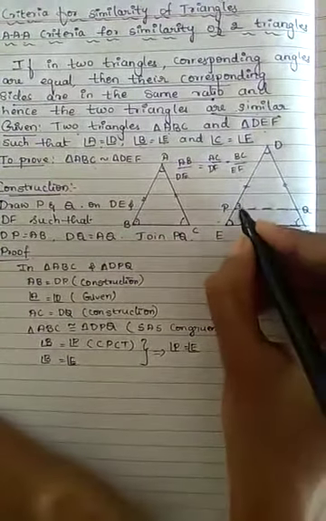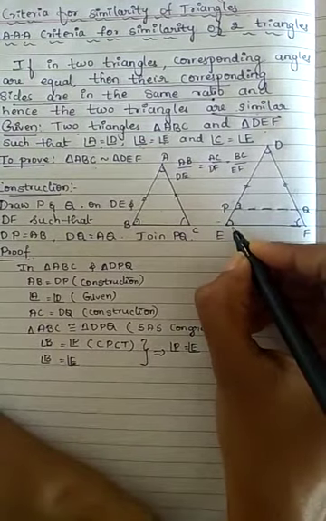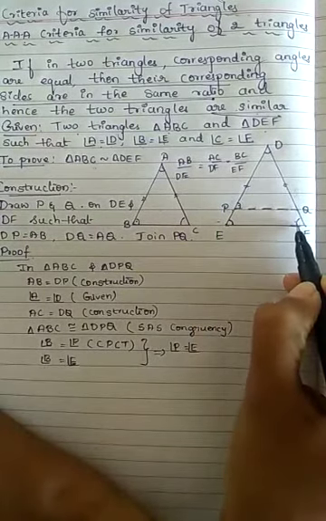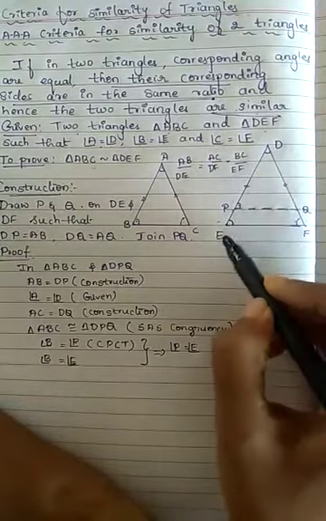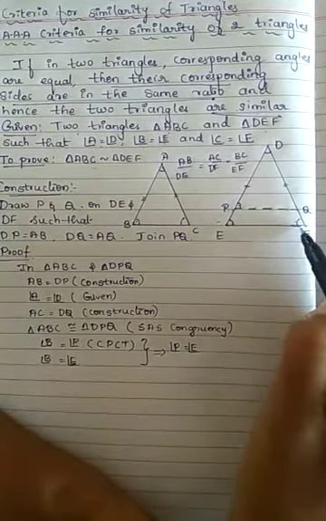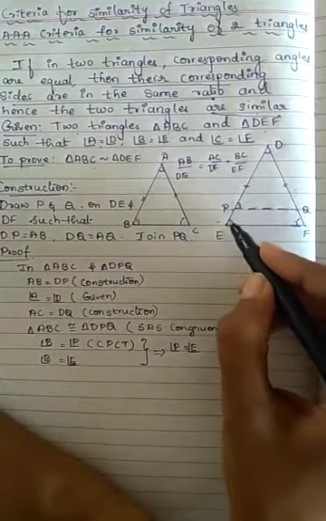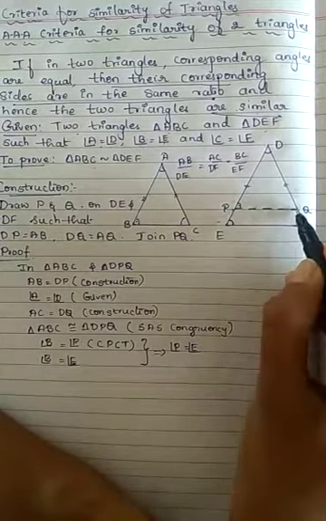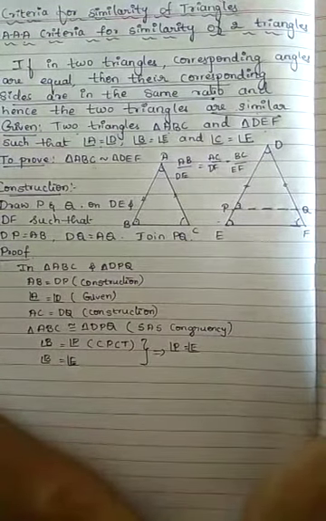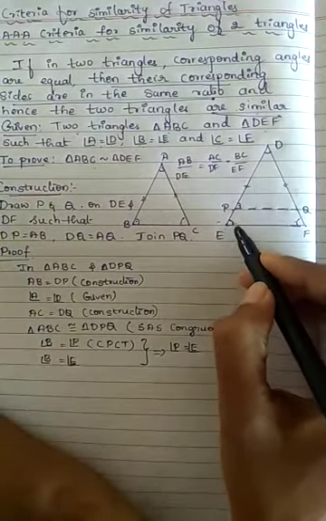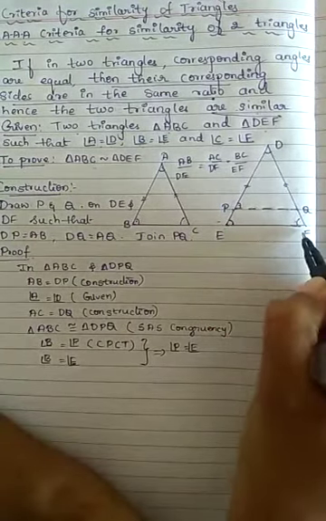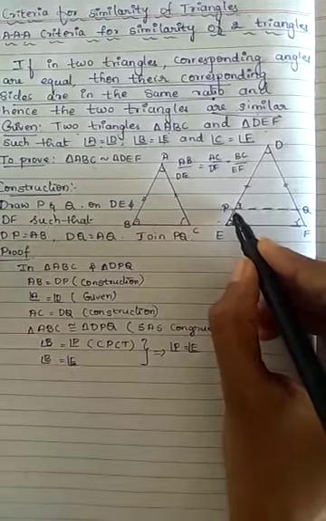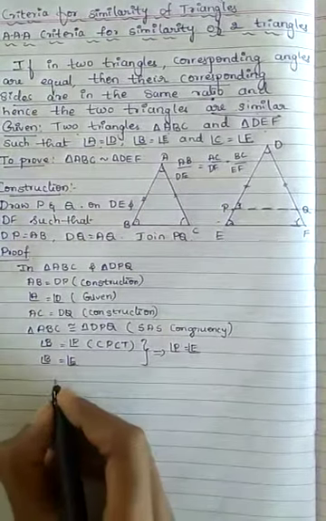So observe here, line PQ and EF. DE is a transversal for lines PQ and EF, and corresponding angles are equal. So in such a case, PQ and EF are parallel.